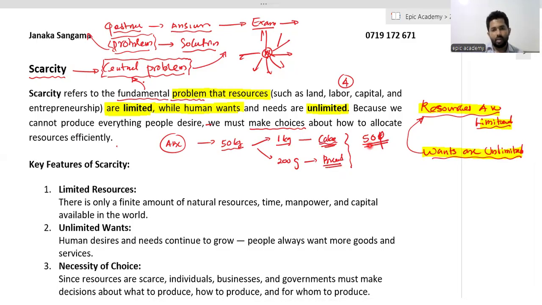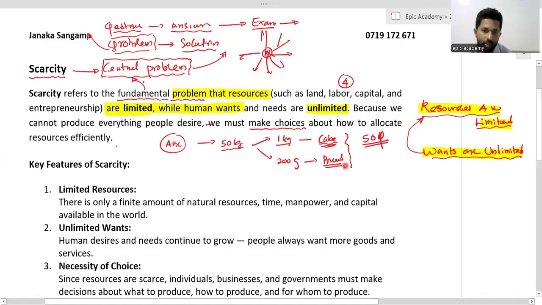How can you calculate it? Just assume that you are going to produce only cake. To produce 1 cake, you need 1 kilo. If you use the total flour amount to produce only cake, then you can produce 50 cakes.